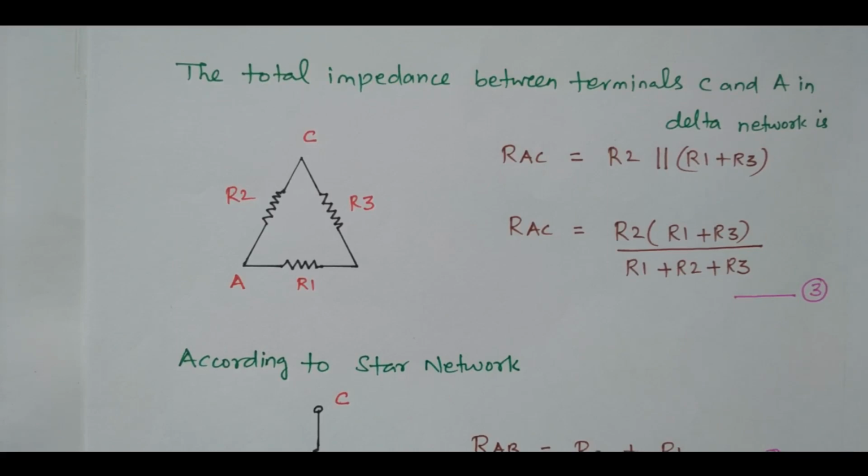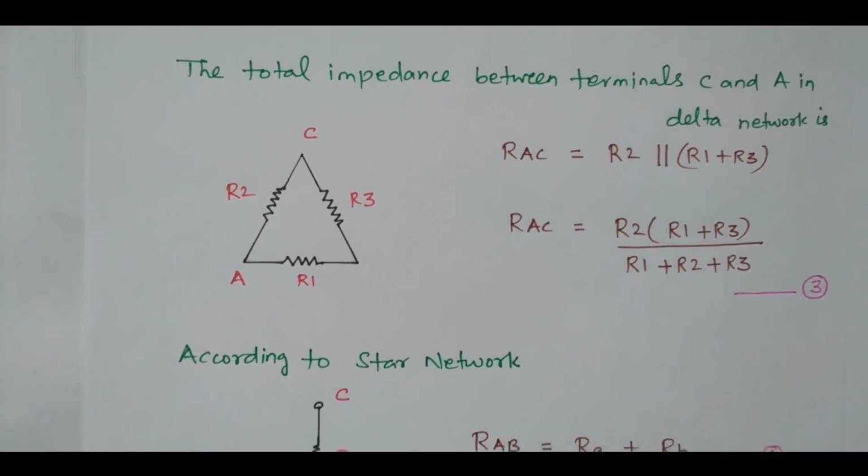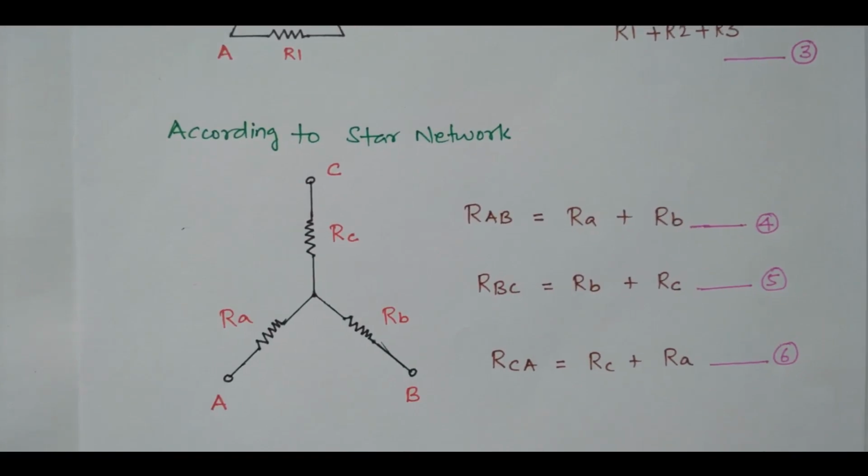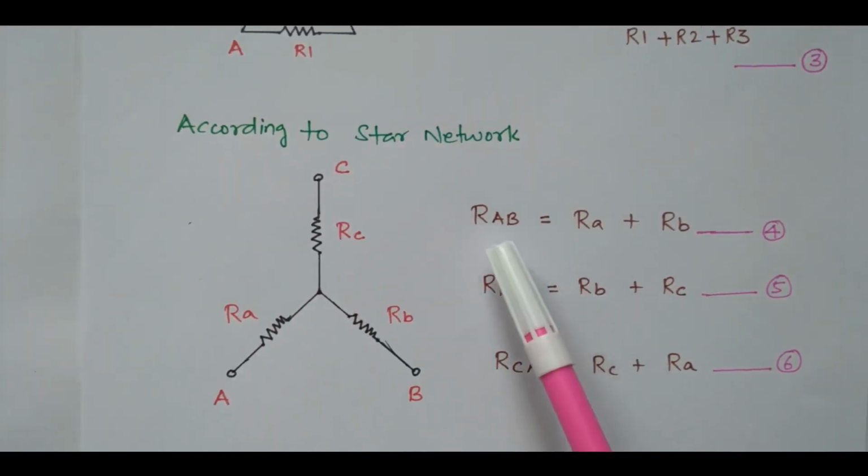Now we found the expressions for RAB, RBC and RAC based on the delta network. Those equations are termed equations 1, 2 and 3. Now we'll go to the star connected network. The same resistors in a star connected network. What is the resistance value RAB?